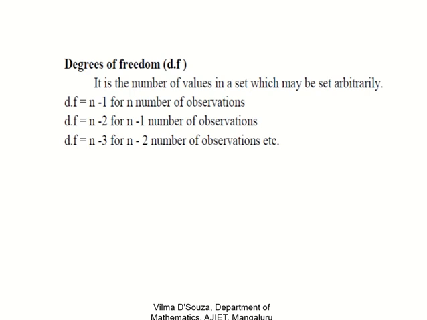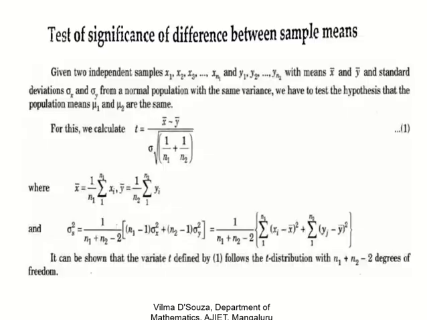So here, in case of the first sample, it is n1, so n1 minus 1 degrees of freedom, plus here n2 minus 1. So it is n1 plus n2 minus 2. So remember the variate.